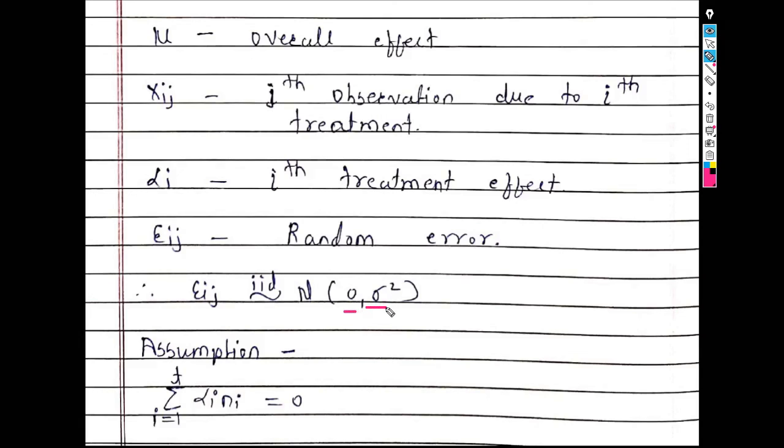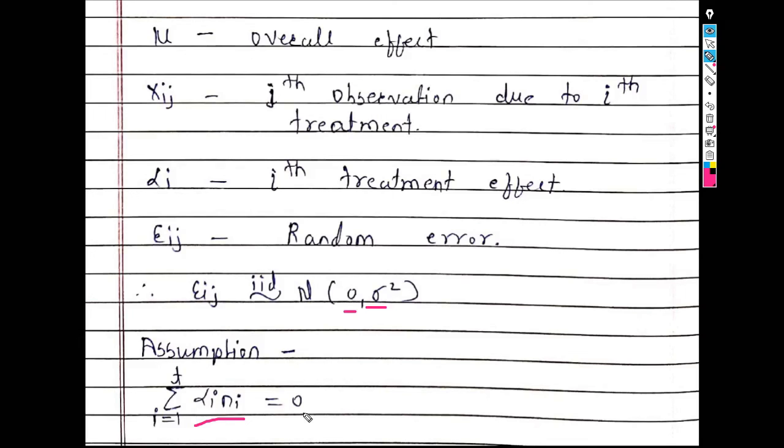When we define this model in completely randomized design, we make one assumption for this model, and the assumption is summation over i of alpha i into ni equals 0. So when we consider this model for CRD, we use this assumption, that is summation alpha i into ni equals 0.